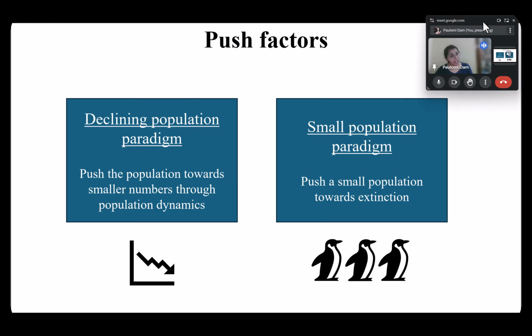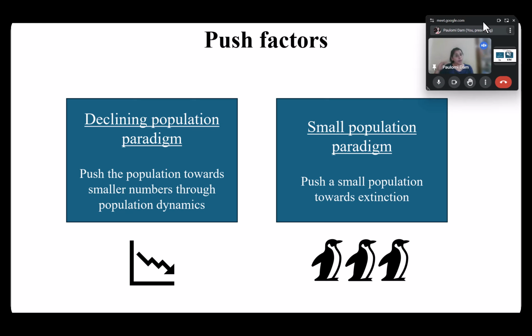Factors that fall under the first, the declining population paradigm, are those that bring a decline in the population number. So these factors push the population towards reduction in size.